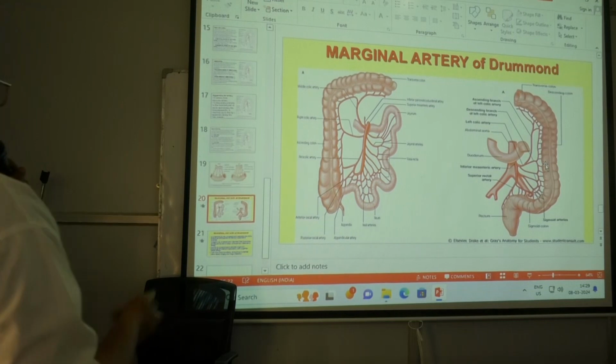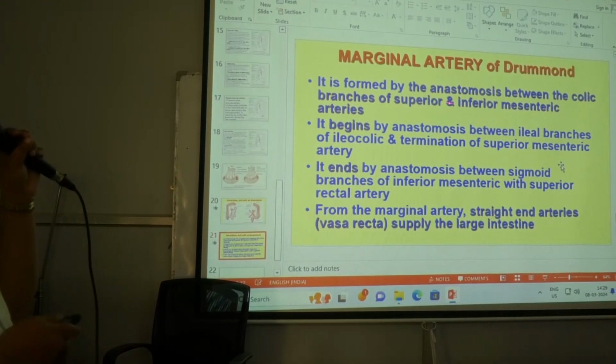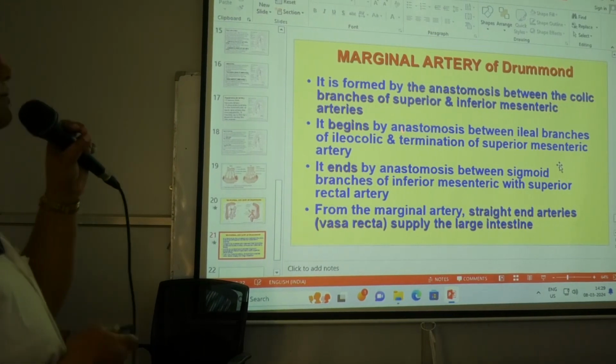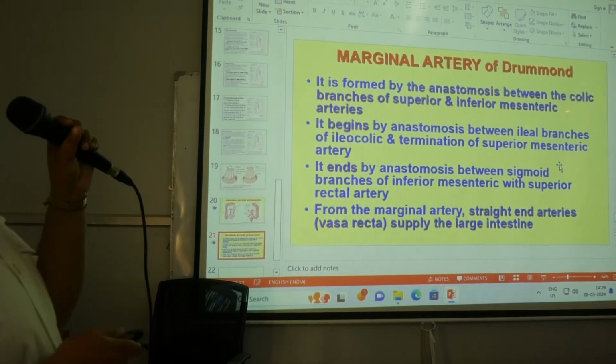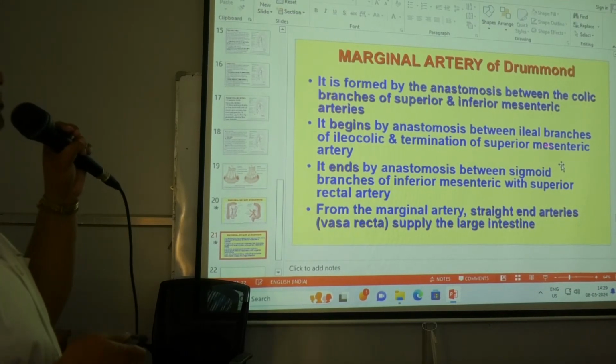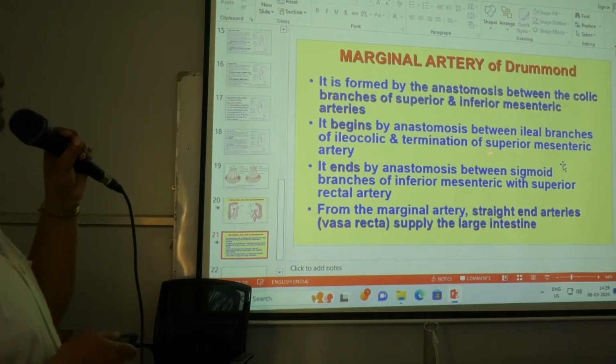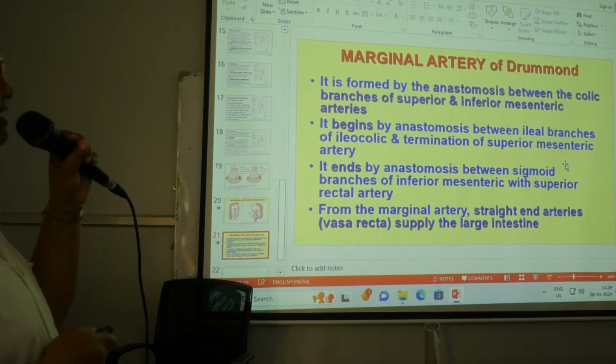Next. The marginal artery of Drummond is formed by the anastomosis between the colic branches of superior and inferior mesenteric arteries. It begins by anastomosis between the ileal branches of ileocolic and termination of superior mesenteric artery.